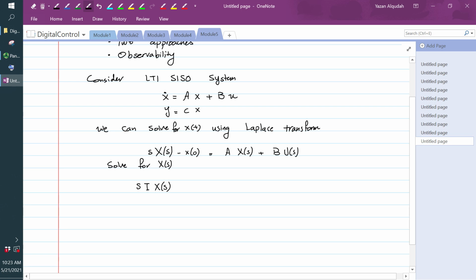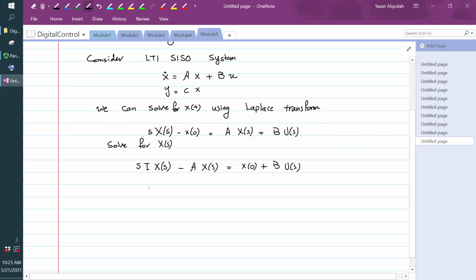I can always multiply by the identity. Minus A multiplied by X of s equal to x of 0 plus B multiplied by U of s. Then I can take X of s as a common factor. I'm going to get sI minus A multiplied by X of s, and this is equal to x of 0 plus B multiplied by U of s.